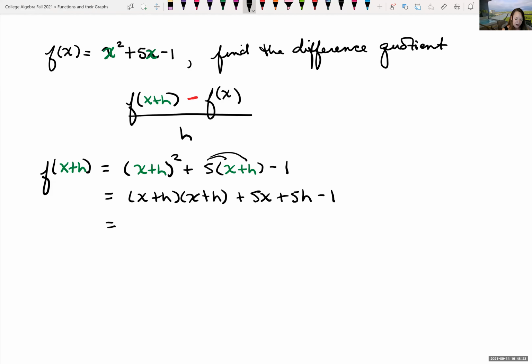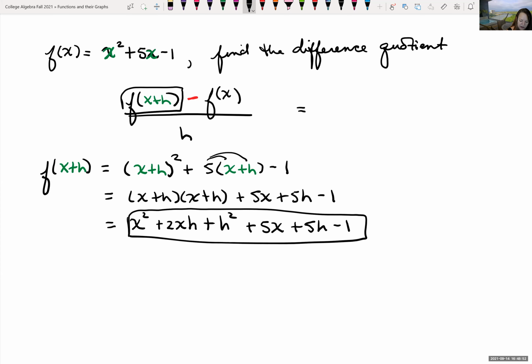So if I distribute x plus h times x plus h and combine like terms for time's sake, I have x squared plus 2xh plus h squared, plus 5x plus 5h minus 1. Okay, so that is just my f of x plus h value.